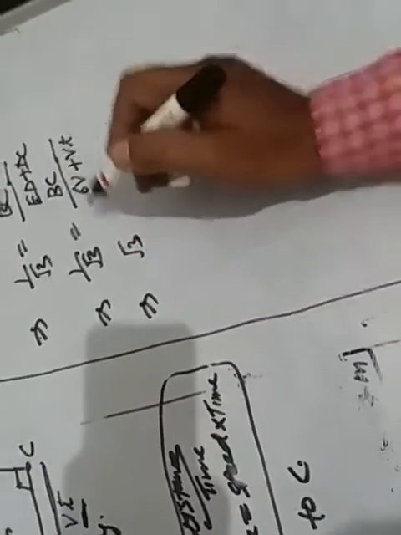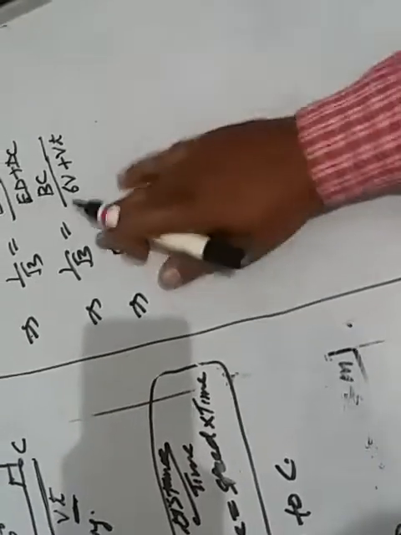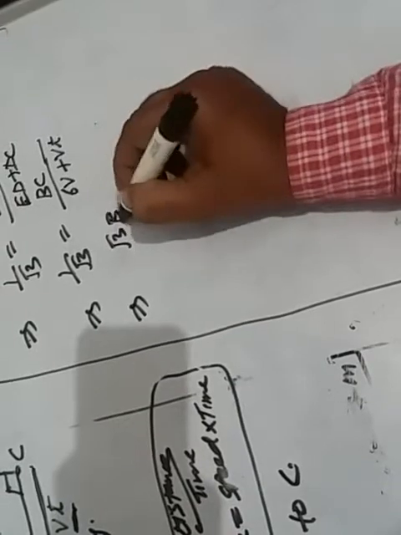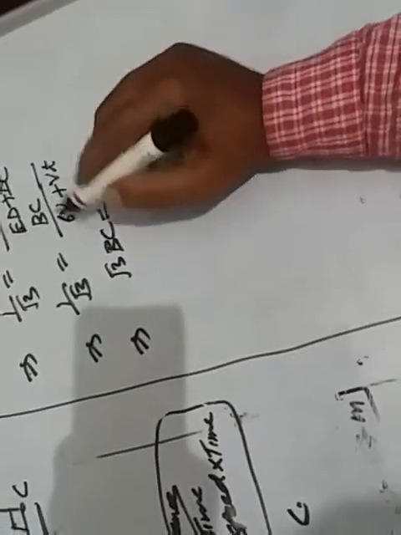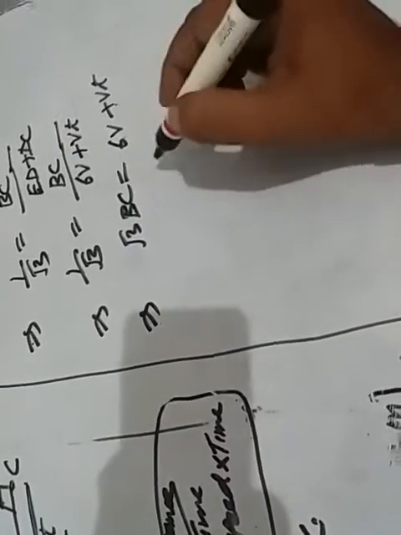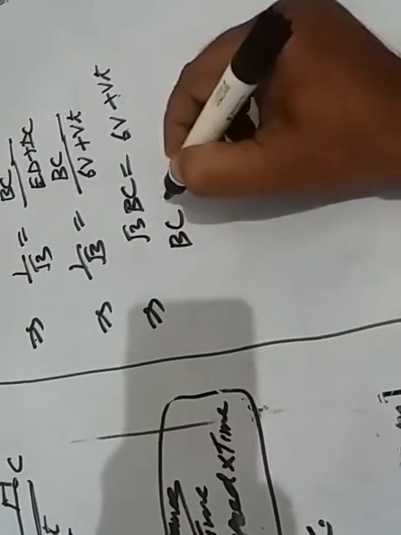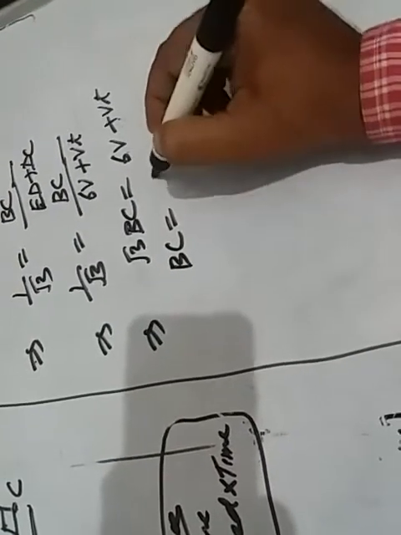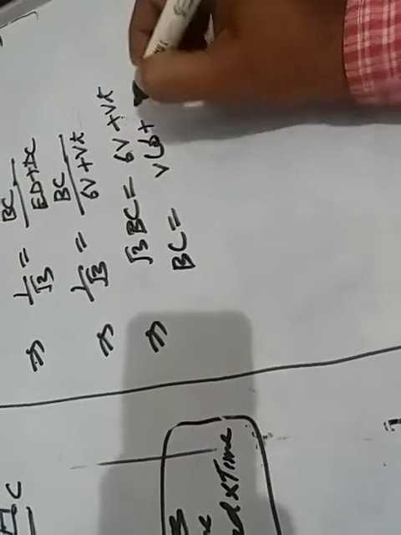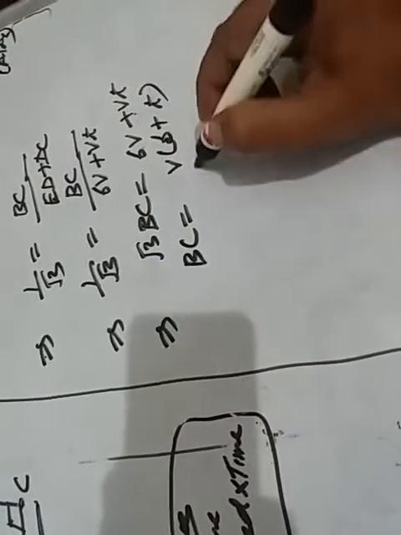This implies that BC equal to 6V plus VT upon root 3. V is taken out, that is 6 plus T, V is common, upon root 3.